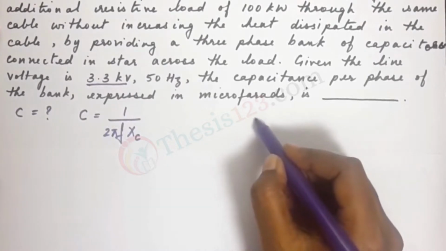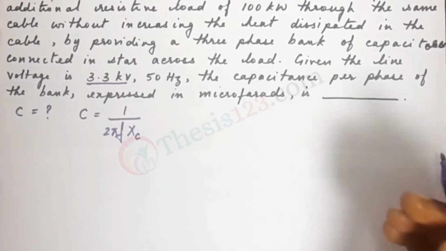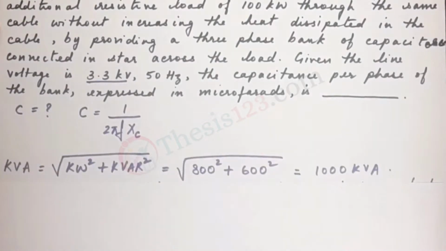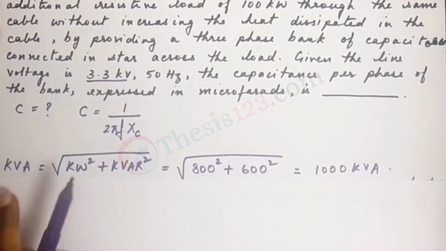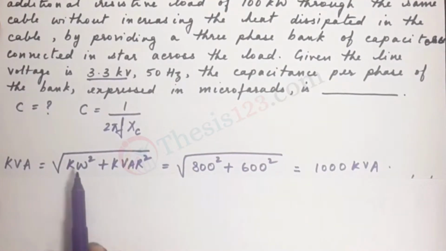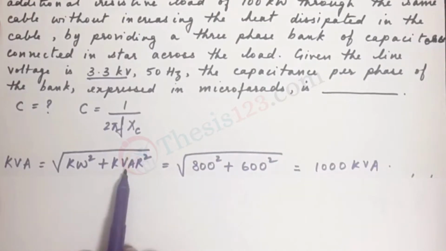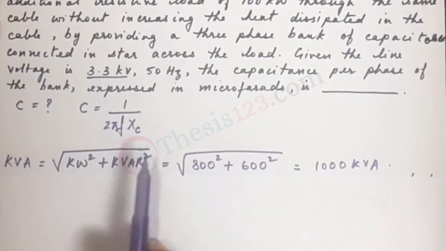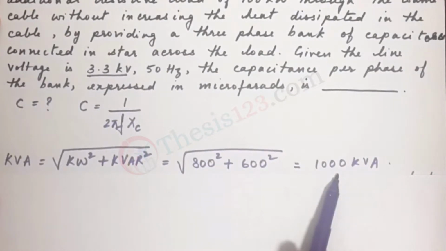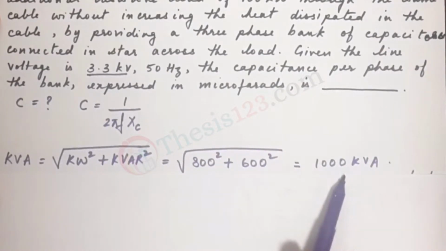We use the Pythagoras theorem as such. So here is the calculation. kVA is the square root of kW square plus kVAR square, which is solved to get 1000 kVA. So this is the value. You can work it out and check.